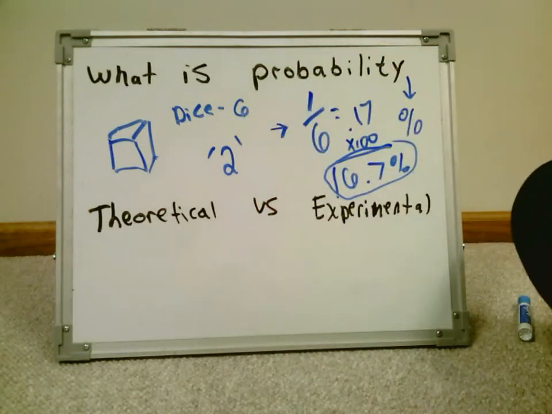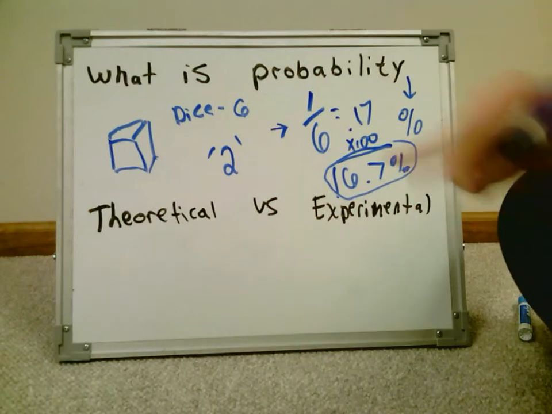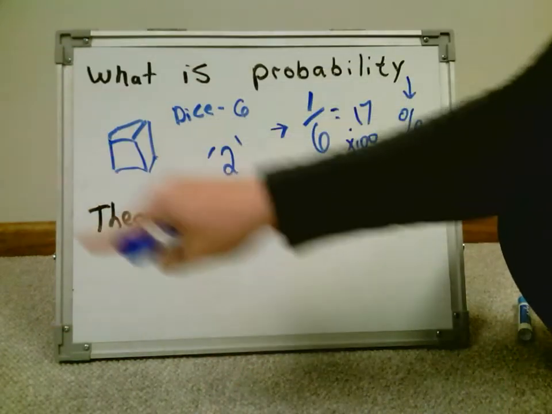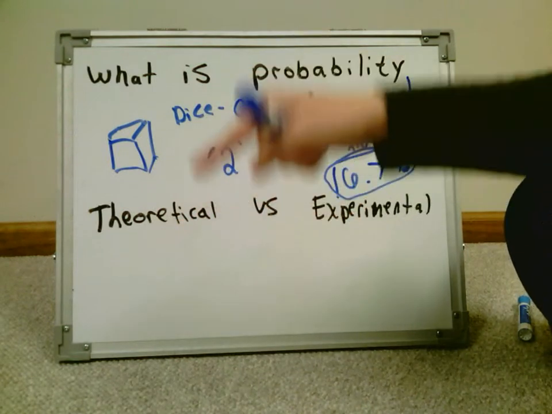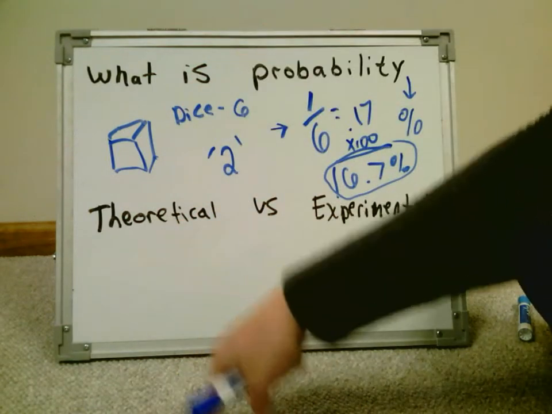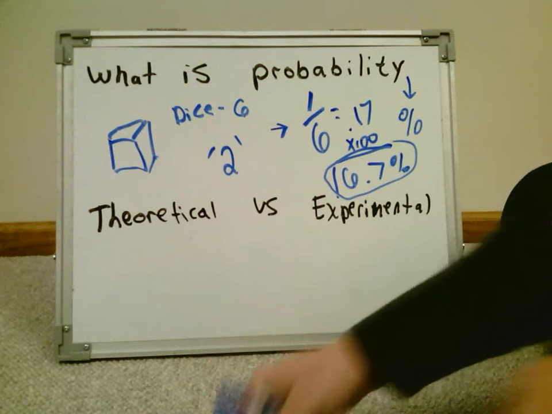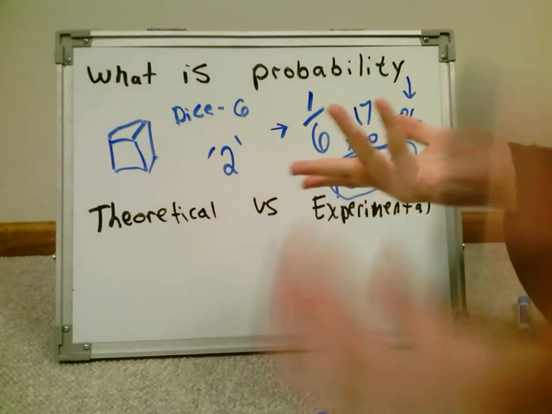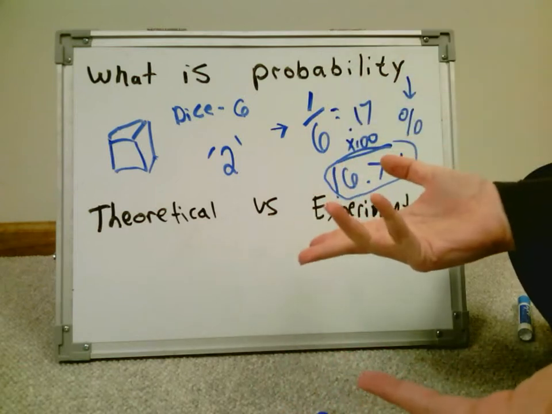So if I was a gambling person and I said, oh, I'm going to bet $100 right now, right here. I'm going to bet with my whole class. I'm going to bet $100 saying that I can roll a 2. And then I take my dice, and then I roll my dice. If I don't get a 2, I lose my $100.